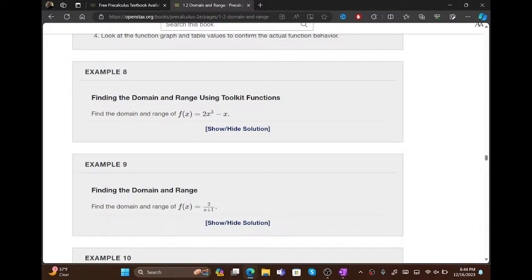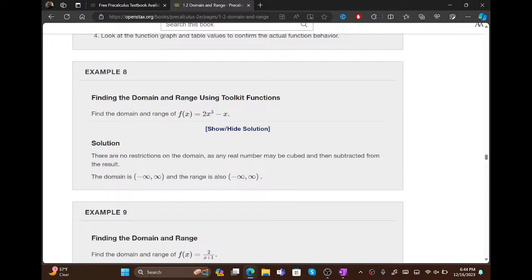Now, when it comes to this, we want to simply state the idea that for any polynomial function, the domain and range will be defined. For any polynomial function, it's going to be -infinity to infinity. That is all that example 8 is saying.